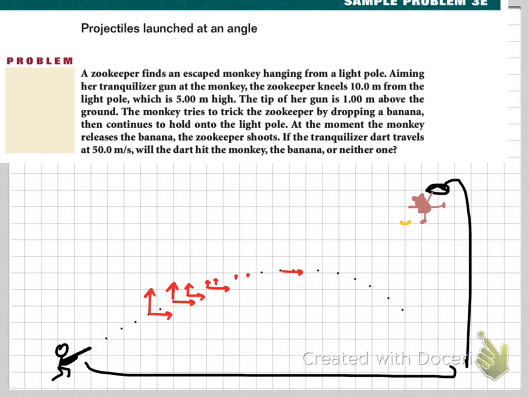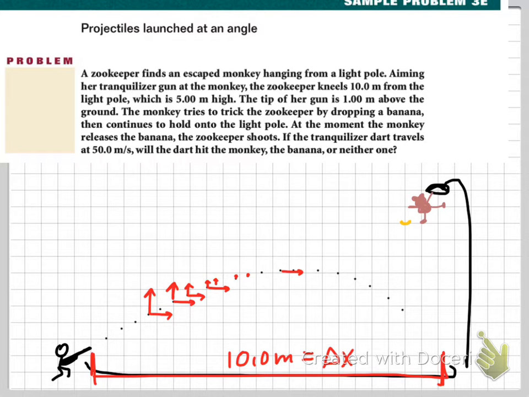So we're going to first of all just try to talk about what we can figure out here. First of all, we have the light pole 10 meters away. So we've got 10.0 meters is the delta x we're interested in. Is that actually the delta x of the bullet? Is that where it comes to ground? Well, we don't know.